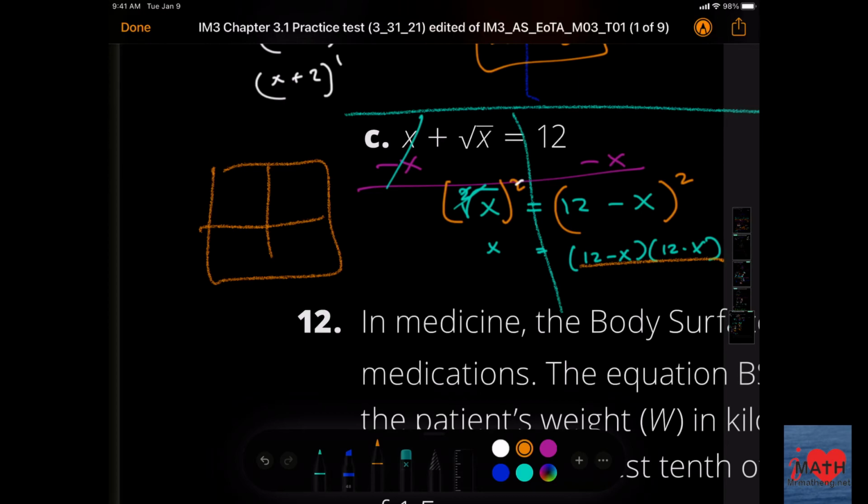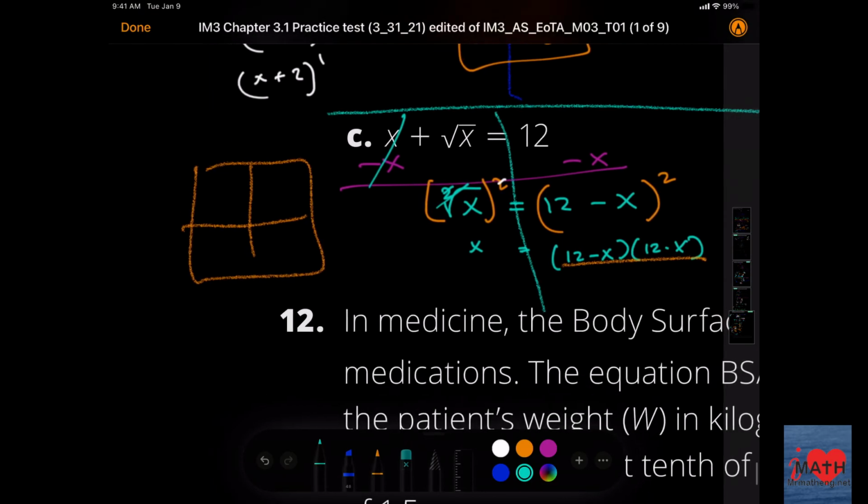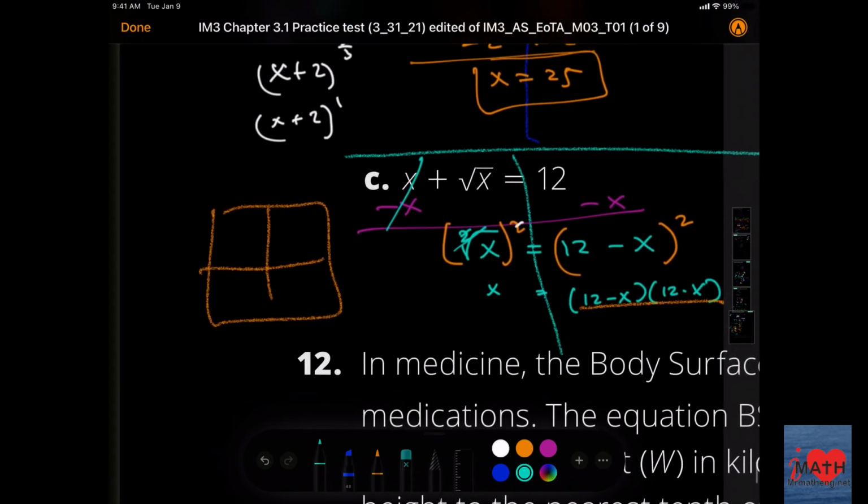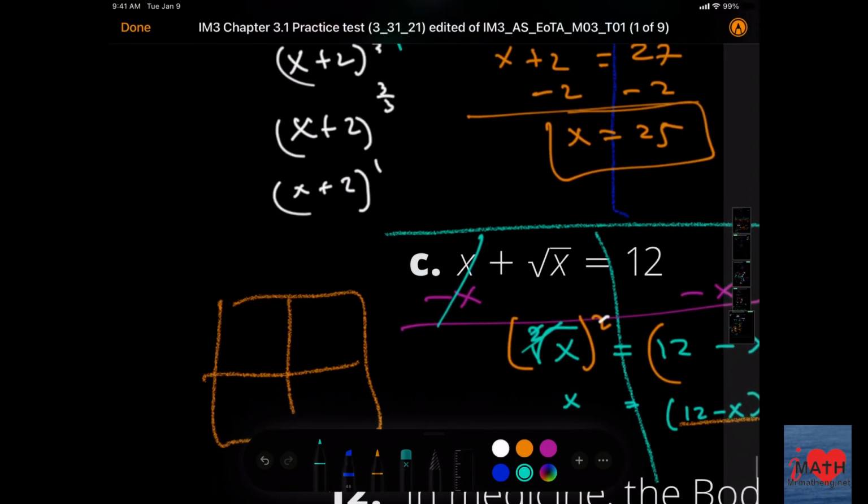Let me pause. I need to wipe my screen. All right, let's try that again. So we are multiplying 12 minus x. No. I don't know if something's on my screen. It's right down here. 12.